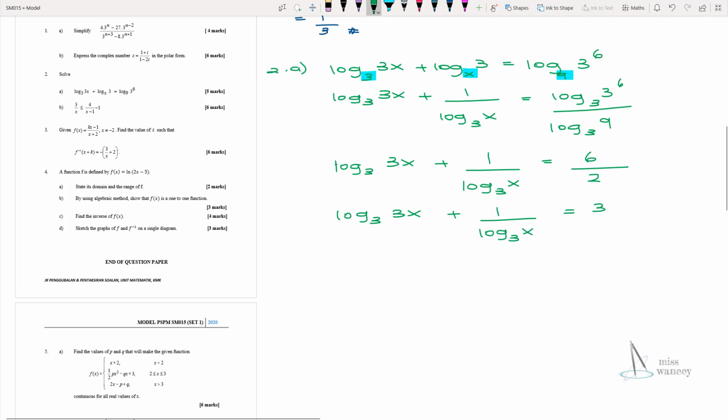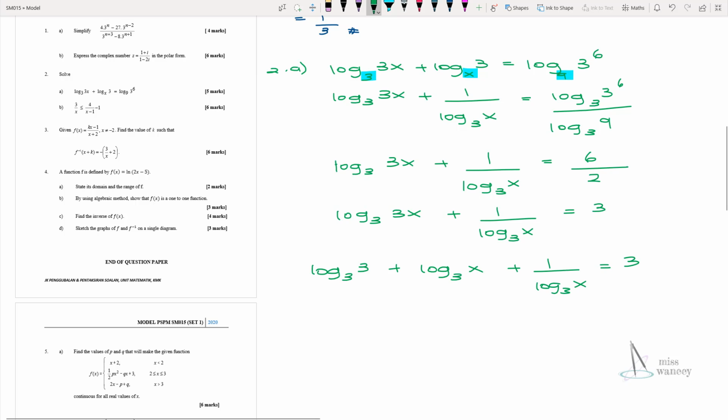Okay, so let me separate this. So this is actually log of 3 plus log to the base of 3x, because if we do a plus between them, you're gonna times the number behind it. So plus 1 over log 3x, and this is equal to 3.